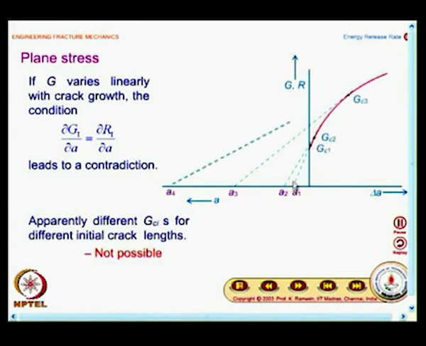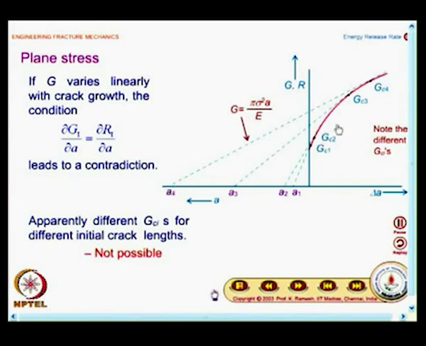For the crack length of A1, you will have the critical energy release rate as Gc1. For crack length A2, you will have this as Gc2. For crack length A3, Gc3. I would like you to make neat sketches of this. This is very important. It is illustrating a very subtle concept. The animation is very helpful to understand this.